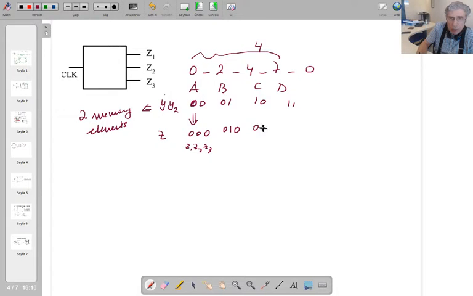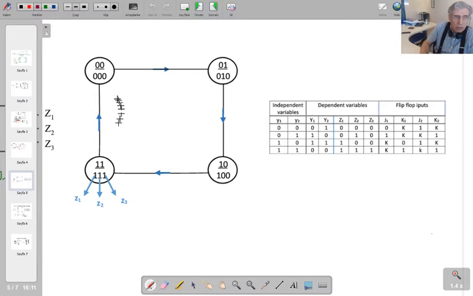So for this one, I can say 1, 0, 0. For this one, 1, 1, 1. So now, what does this mean in terms of design steps? This is our state diagram. You see that's A, B, C, D. These are the codes for A, B, C, D. So these are the codes. That means the state assignment, we have done it.